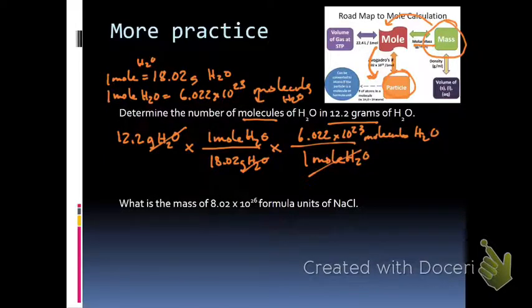So these will cancel out. And then I'm just going to go ahead and solve it. So I'm going to take 12.2, divide that by 18.02, and then multiply that by Avogadro's number. And I get, now this has 3 sig figs, this has 4, this has 4. So my answer is going to have 3 sig figs, which is going to be 4.08 times 10 to the 23rd molecules of water.